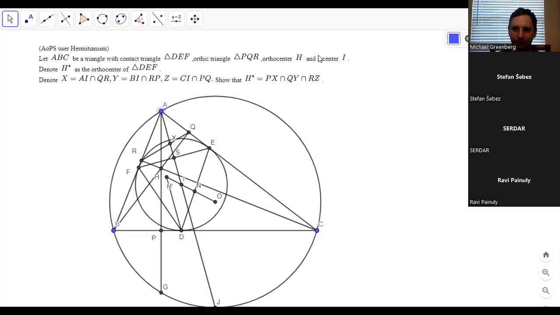X56 is the homothetic center of the incircle and the circumcircle. Wow, that's an interesting fact.